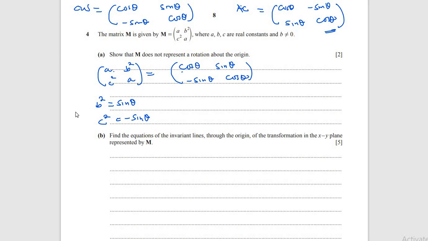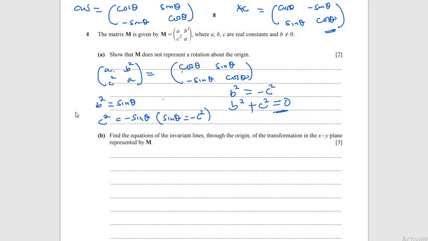A in both cases is cos theta. So if B square is sin theta and C square is minus sin theta, does it mean that sin theta could be minus C square? So B square will equal minus C square. If B square is minus C square, then B square plus C square will equal 0.